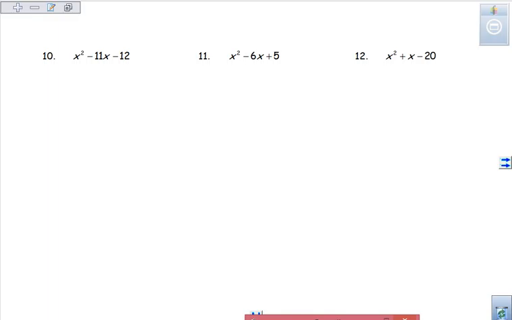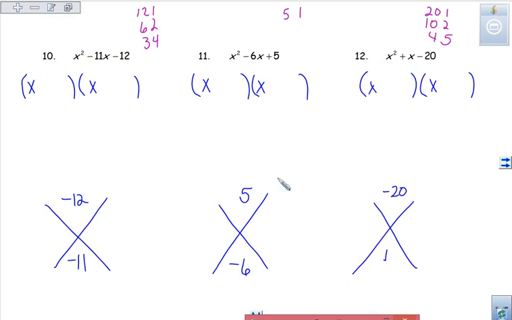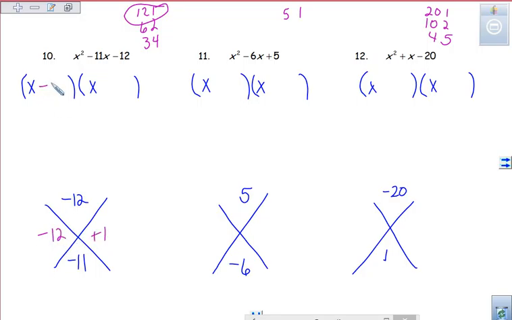Try the next 3. Pause the video until you're ready for the answers. Number 10. Factors of 12: 12 and 1, 6 and 2, 3 and 4. It's a negative 12, so we know we need to have one positive and one negative. So to get 11, I think I need to deal with the 12 and the 1. So it's going to be a negative 12 and a positive 1.